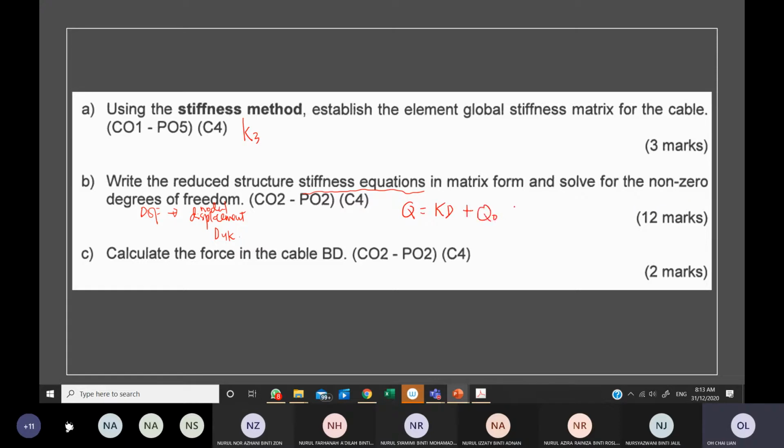But Q naught for truss is due to temperature change, or if there is a fabrication error in the truss. Q naught for beam and frame is due to the intermediate loading.